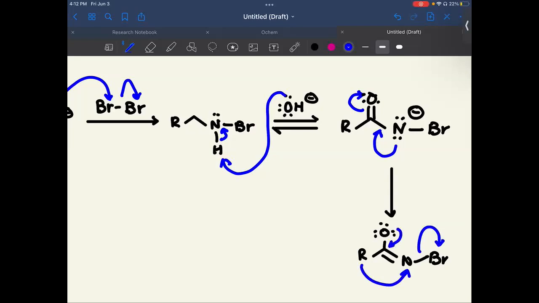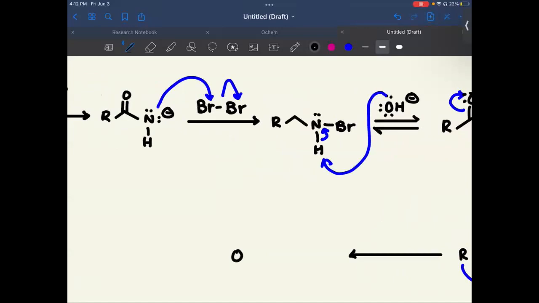And this is going to fold down, so we'll get another double bond there. And this is going to make quite an interesting product. So we're going to have O double bond to C, double bond to N, a single bond to an R group. That should not have a double bond. This one will have our lone pair, like that.